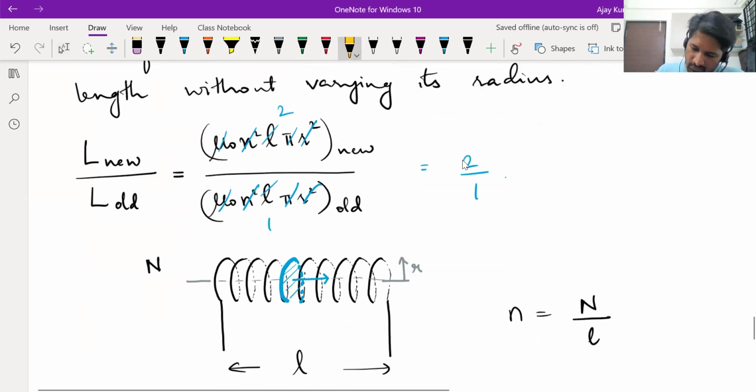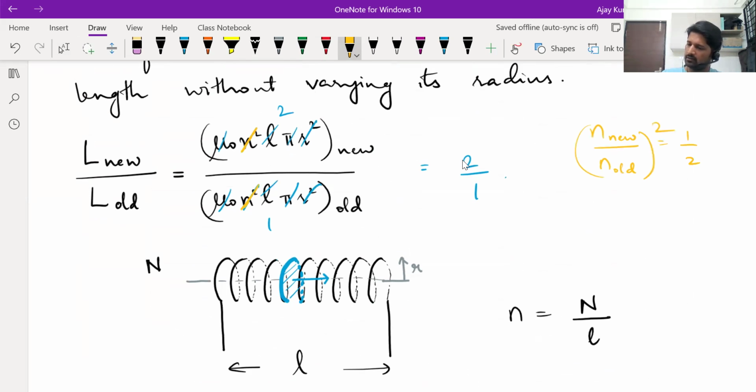So small n new to small n old, that ratio will be 1 by 2. And when you square it, it will become 1 by 4. So 1:4. Basically, 1:2 is the answer. Okay, like the final answer will be 1:2, not 2:1.